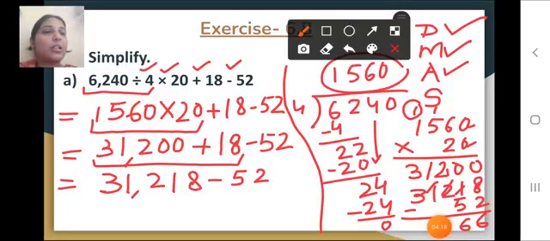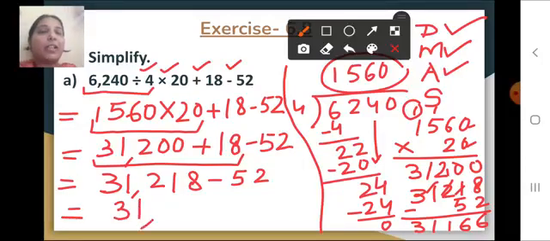Here we'll have 1 only and 3. So what is the answer? After subtracting, we'll get 31,166.